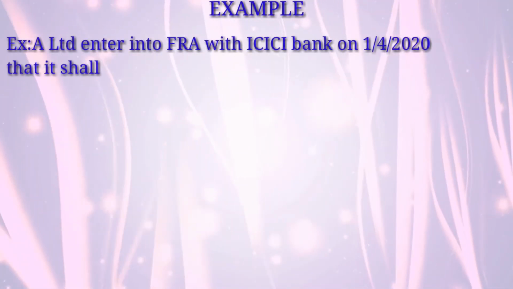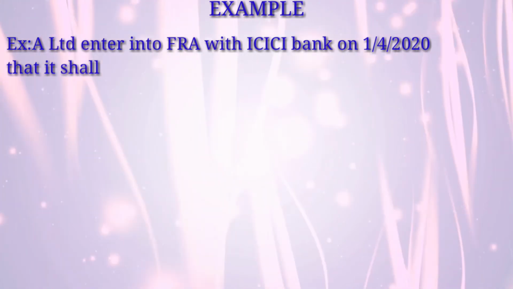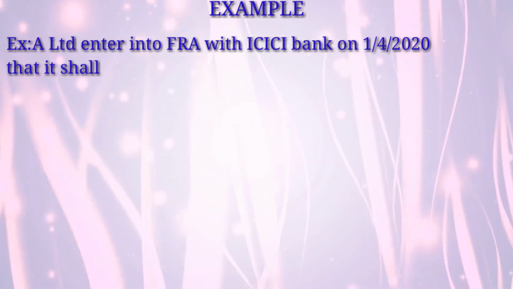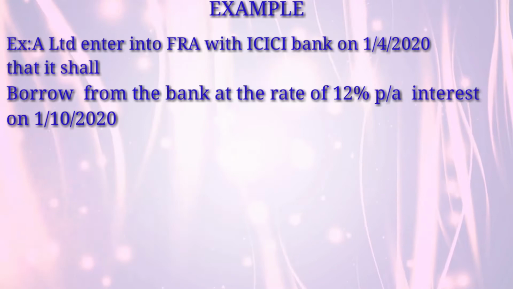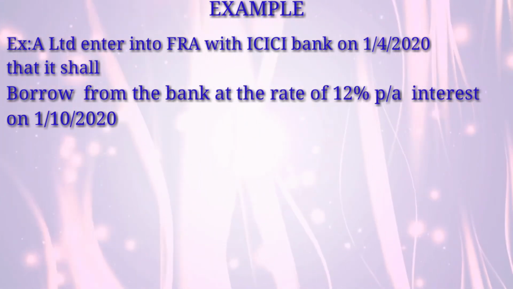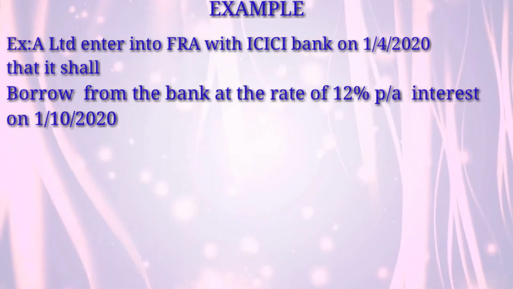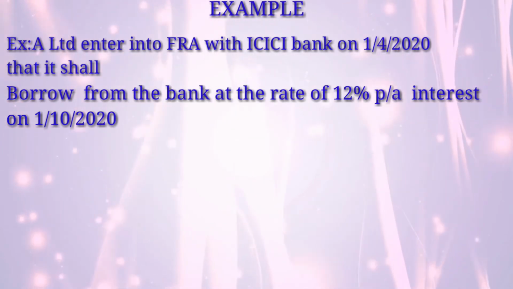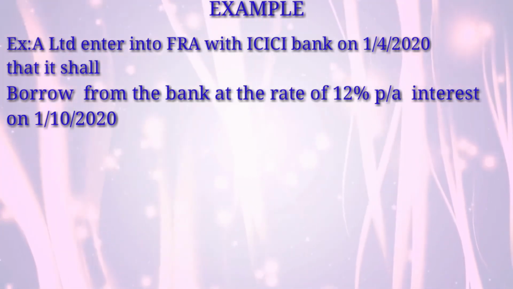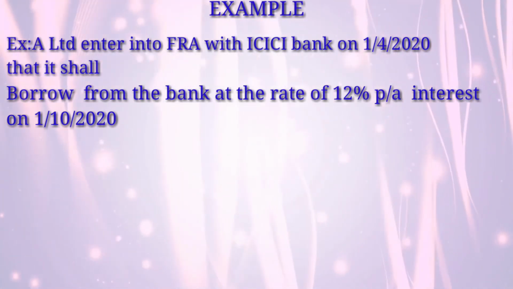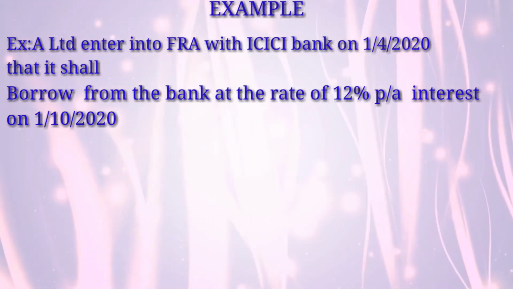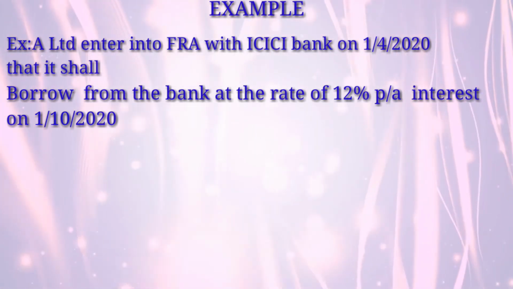For example, A Limited enters into FRA with ICICI Bank on 1st April 2020 that it shall borrow from the bank at the rate of 12% per annum interest on 1st October 2020. So here A Limited wants to borrow on 1st October 2020, right? But the rate is fixed on 1st April 2020.